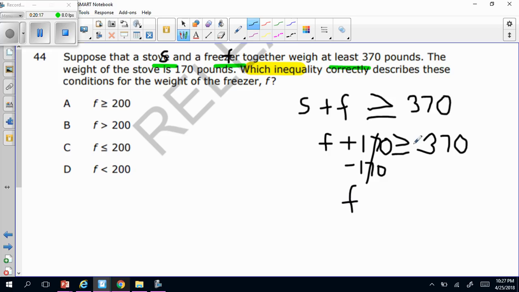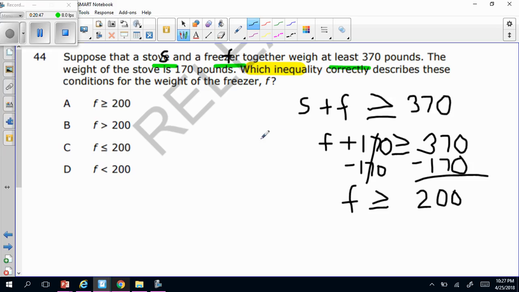Now, what we did on one side, you guys already know we have to do to the other. So subtract 170 from both sides. Now over here, 370 minus 170 is going to give us 200. Now, nothing has changed with the sign. The only thing you have to do, like I told you, was to bring down the sign.